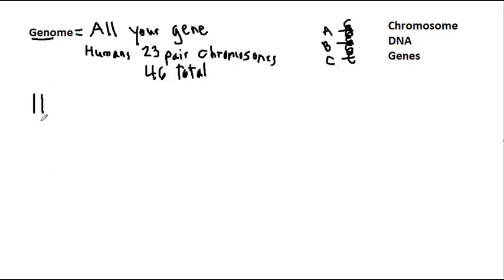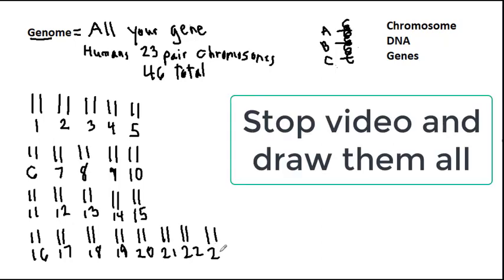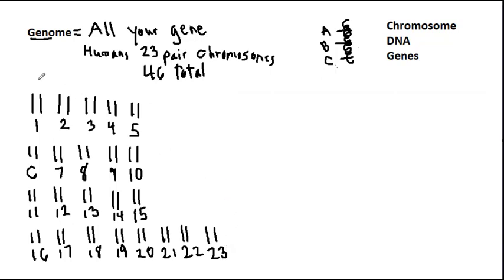Here's one chromosome from the mother. So that's pair 1. One chromosome from the father, one chromosome from the mother, pair 2. Father, mother, 3, 4, 5, 6, 23 pairs, 46 total. Now take a look at this.